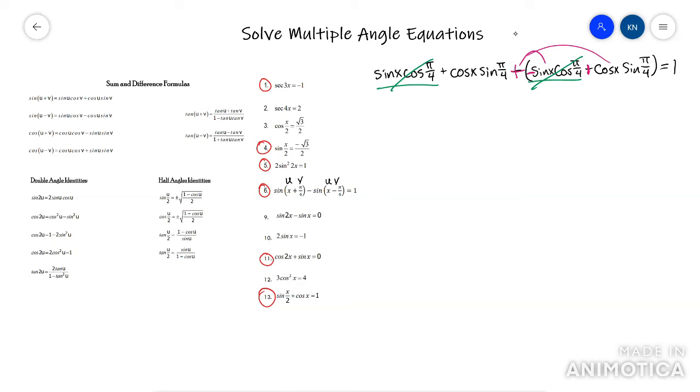And so really, you're going to have cosine x sine pi over 4 plus cosine x sine pi over 4 equal to 1. So it's really like 2 cosine x sine pi over 4 equals 1. And sine pi over 4, well, that's just root 2 over 2.